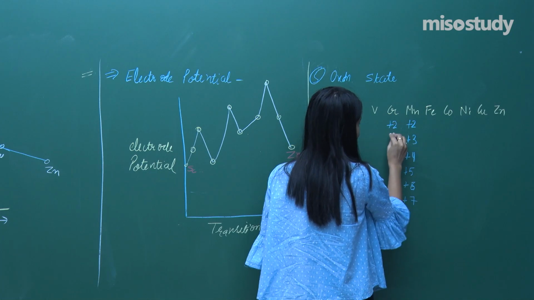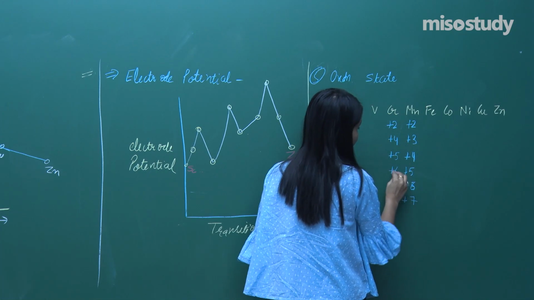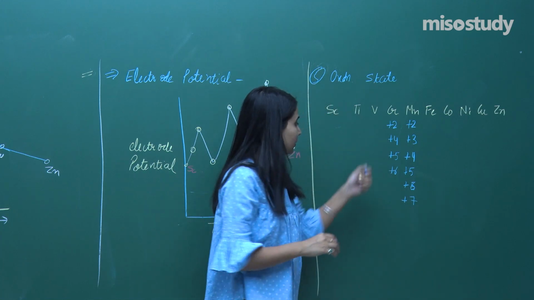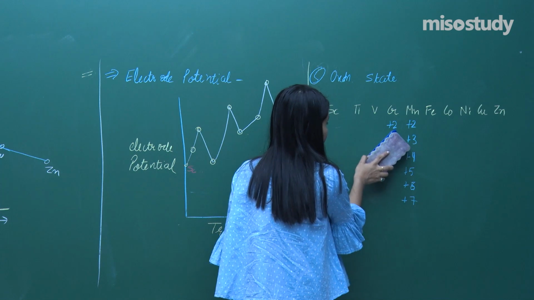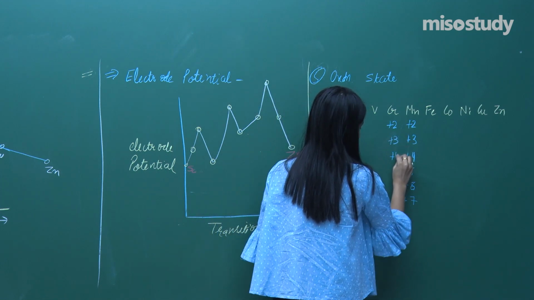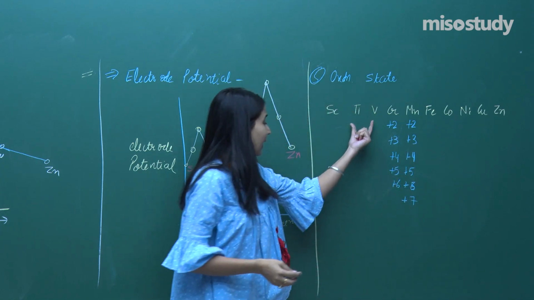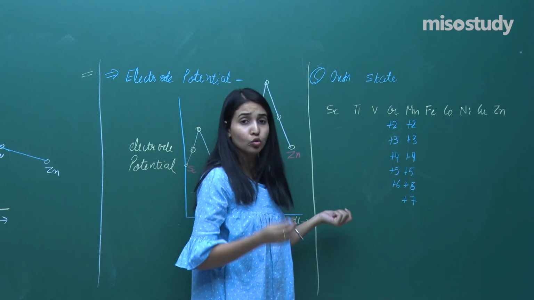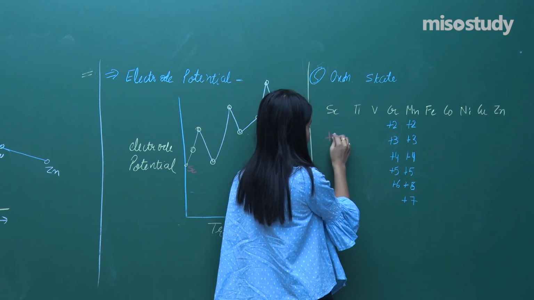Chromium has a tendency to show variable oxidation states, now this is 2, 3, 4, 5 and 6. Now if I talk about these two, first of all scandium starts from +3.